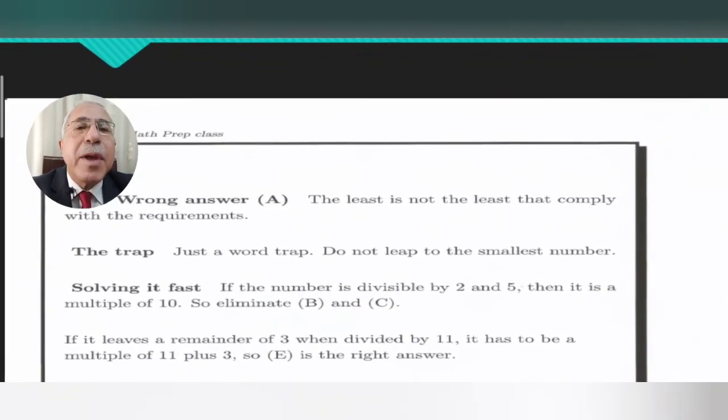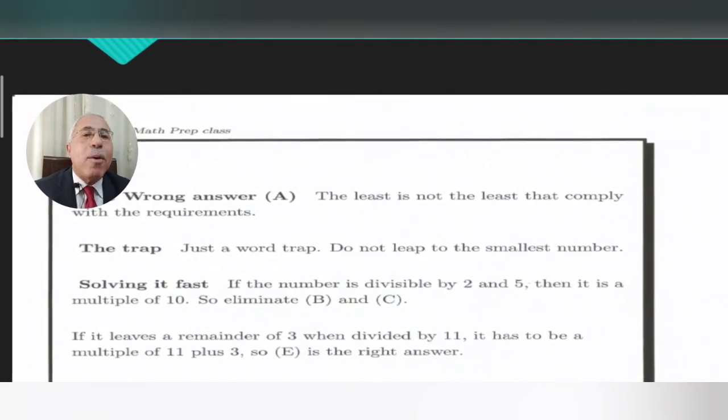First of all, the wrong answer will be A. Why? Because when he says the least is 30, the student who did not study this trap very well will select 30, because 30, 60, 70, and 80 are all divisible by 2 and 5. So he will take only answer A, which is 30. This is wrong. The trap, just the word trap.